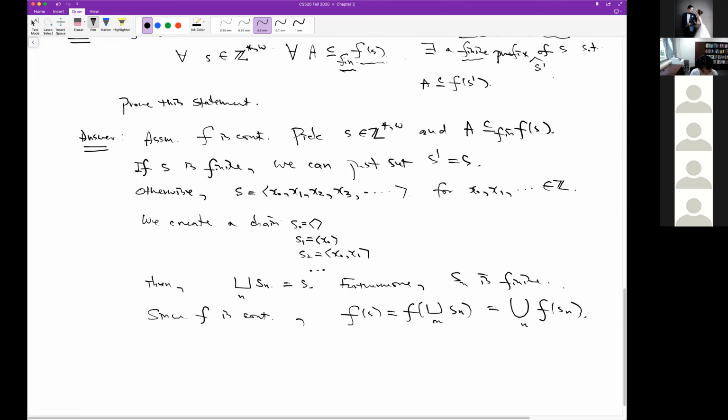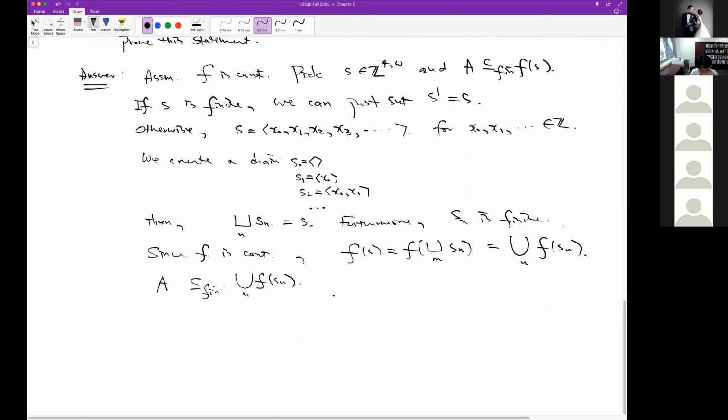Now, what we know is that A is a finite subset of the union over n of f of Sn. Furthermore, we know that f of Sn is a subset of f of Sn plus 1, because f is monotone.